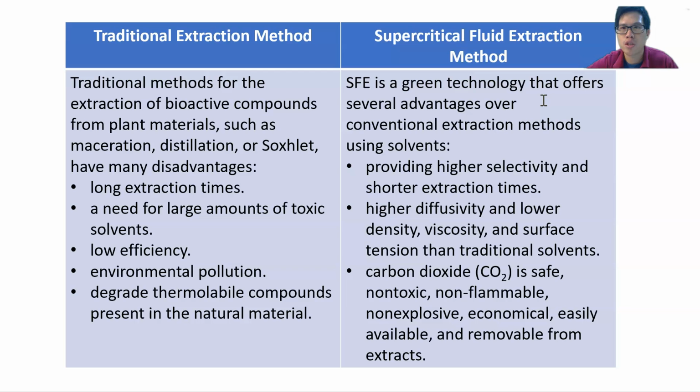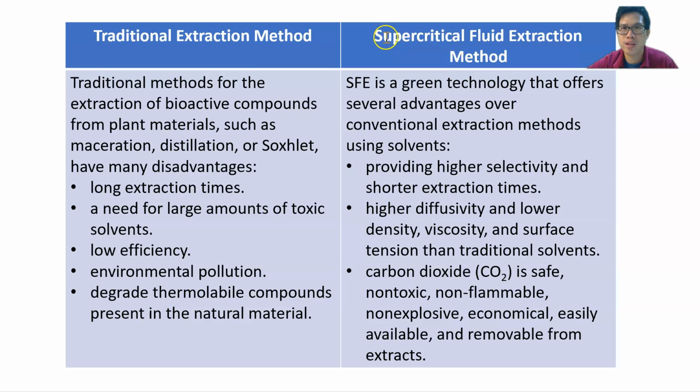Using carbon dioxide, you can get a better quality extract. It's exactly the same, just that you are using a different type of solvent. In this case, we use carbon dioxide as the supercritical fluid.